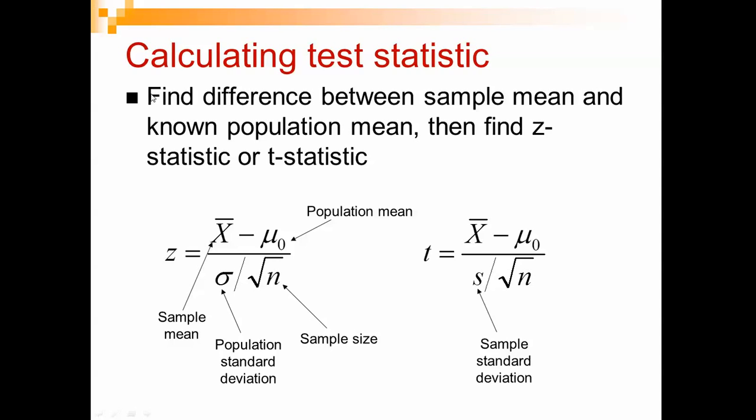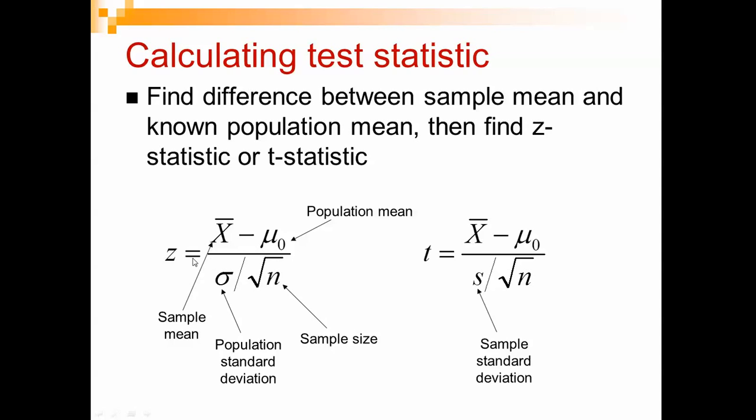So find the difference between the sample mean and the known population mean, then find the z statistic or the test statistic. So let's assume we're going to use the z-test because we have greater than 30 observations. So we would say, here's our sample mean, and we subtract from our sample mean the population mean.